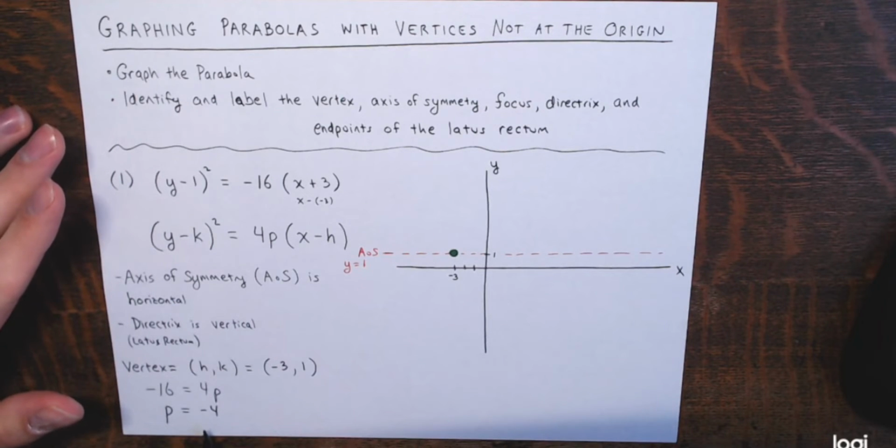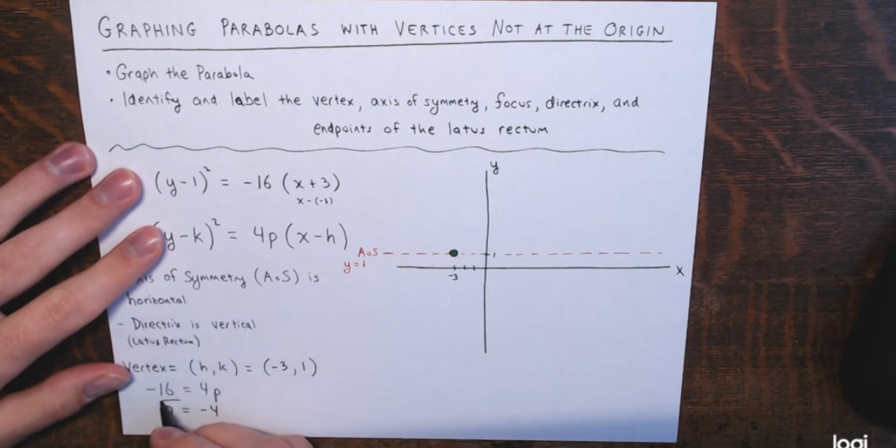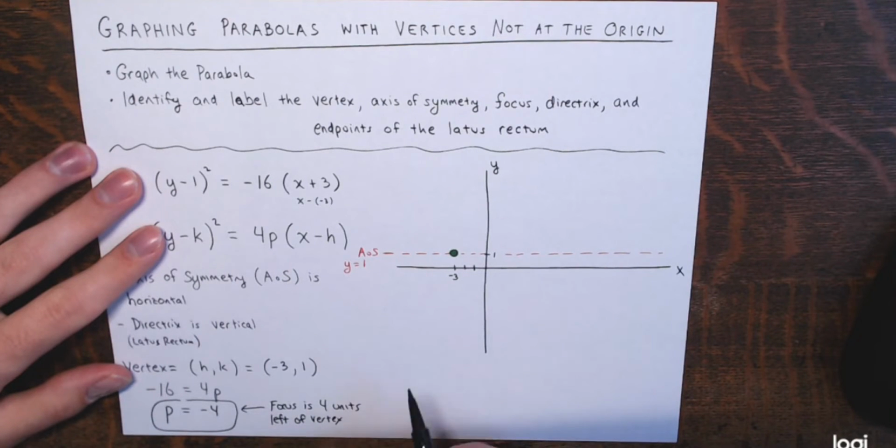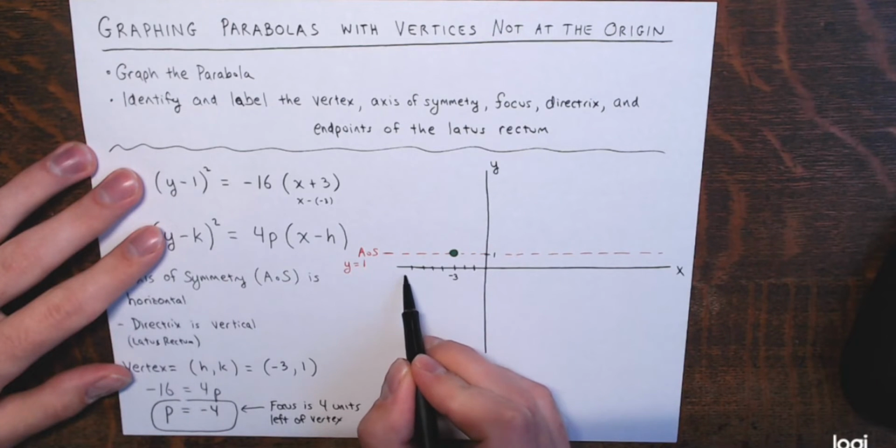A positive means go right. So when I see p equals negative 4 here, that tells me that the focus is 4 units left of the vertex, because it's negative.